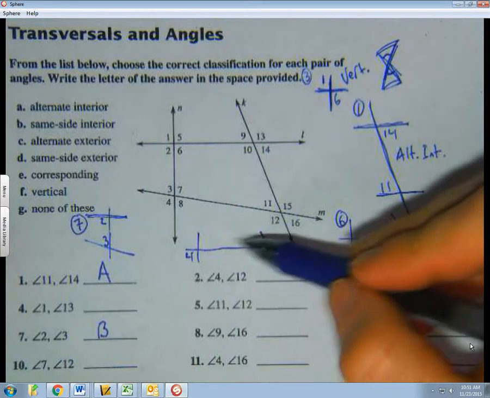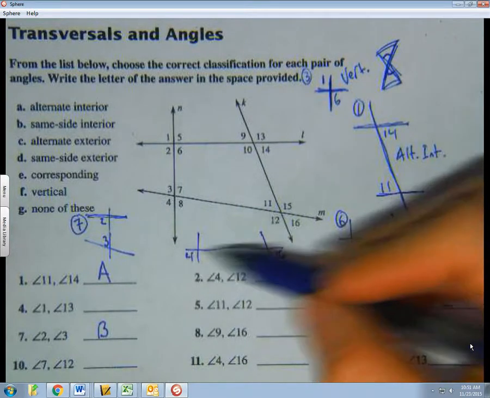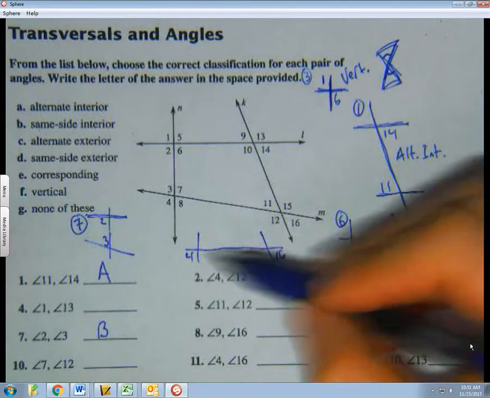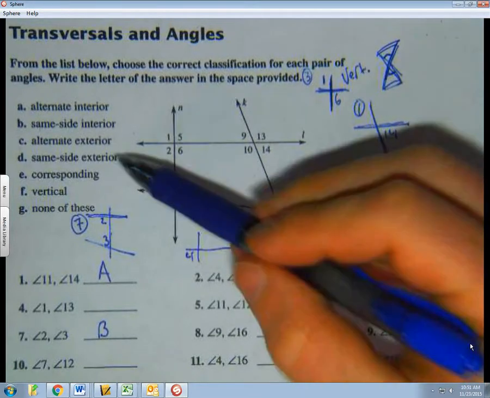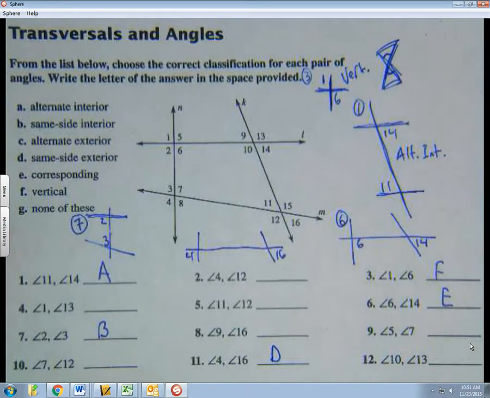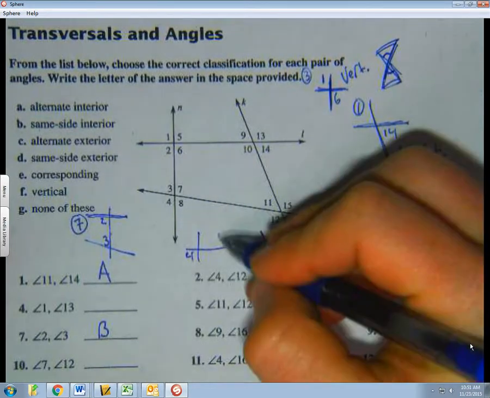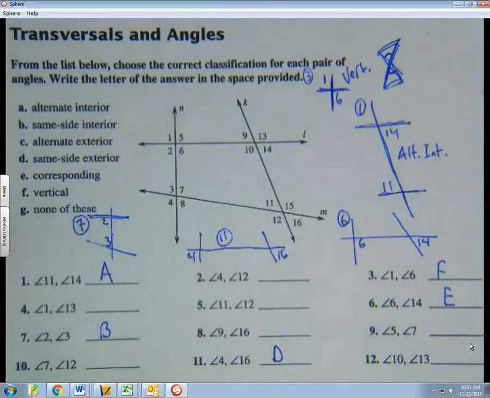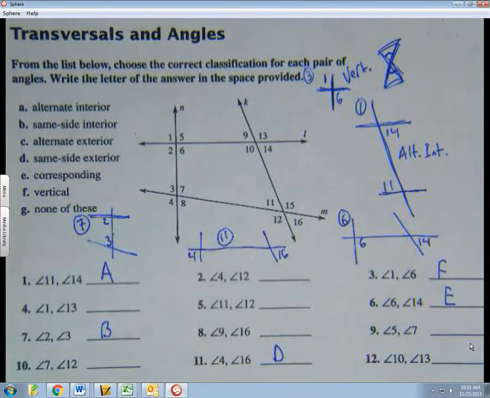They're not on the inside, they're on the outside. And they're on the same side. So that's same side, exterior. So that is D. That's 11.